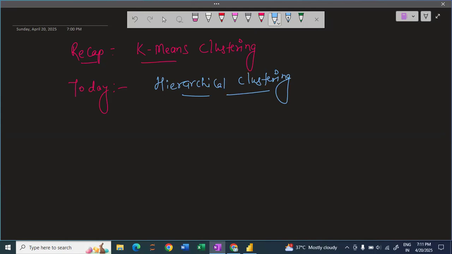Basically, this algorithm also works the same as K-means clustering, but the technique is a little bit different.